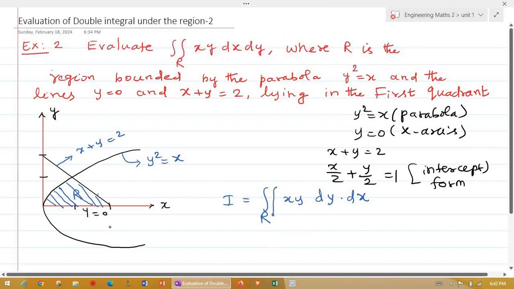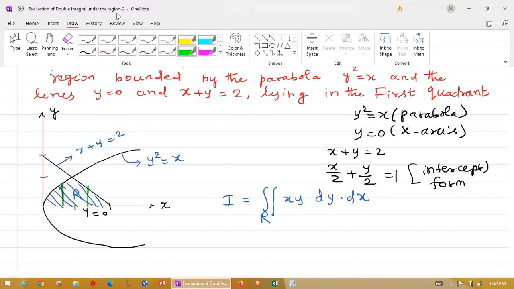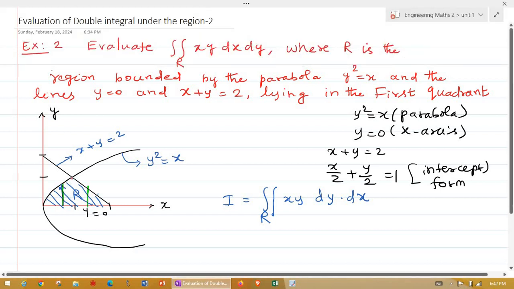In case you draw a line parallel to the y axis in the middle, it starts from y equal to 0 and ends at the parabola up to this point, and afterwards it starts from y equal to 0 and ends at the straight line.